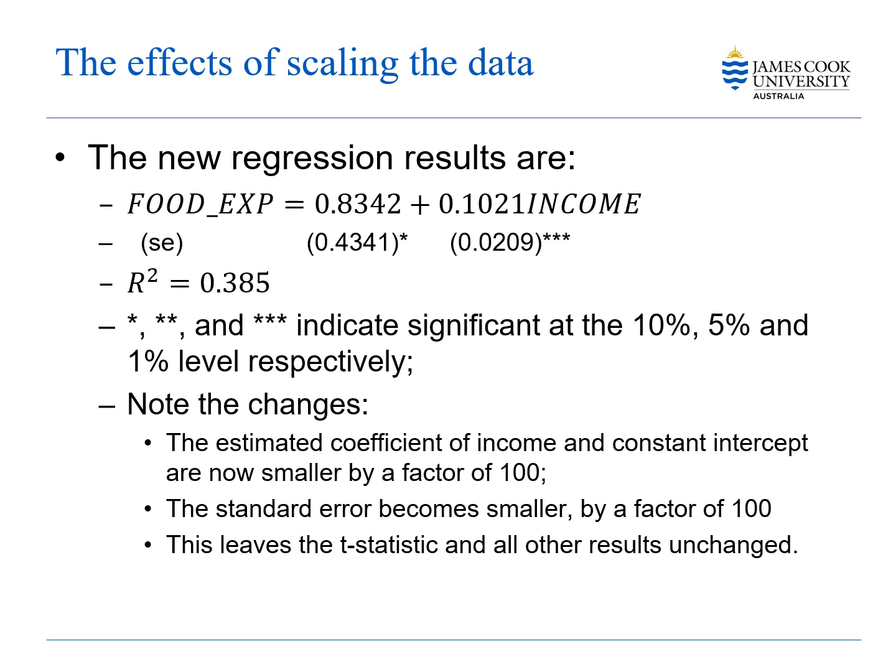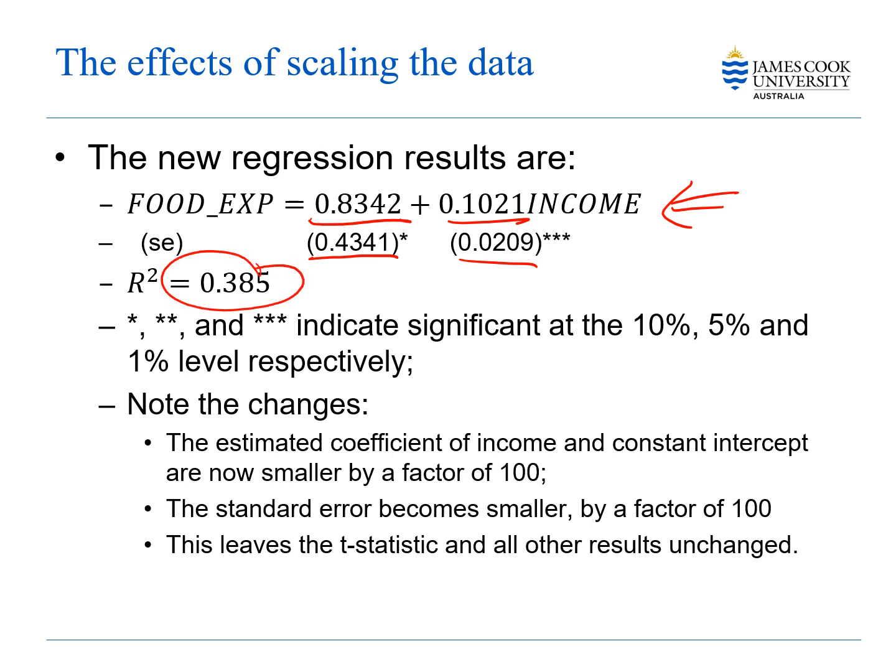Now this is the new regression result, and you should see that both b1 and b2 are different. They are smaller by a factor of 100, and similarly for the standard errors. R-squared is unchanged.